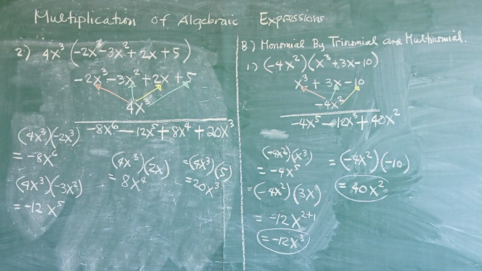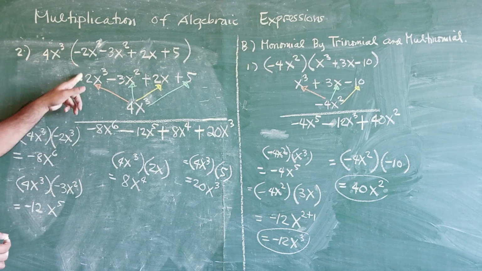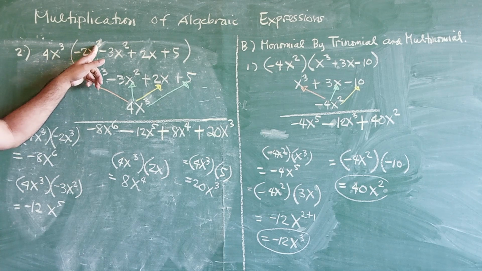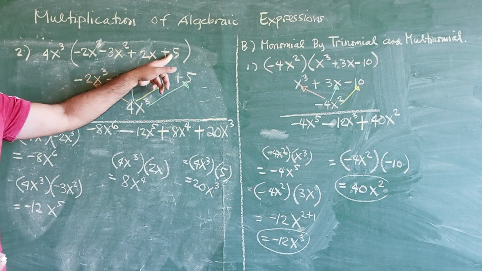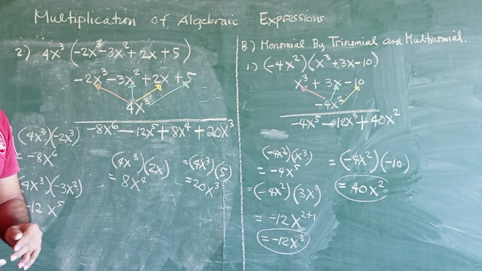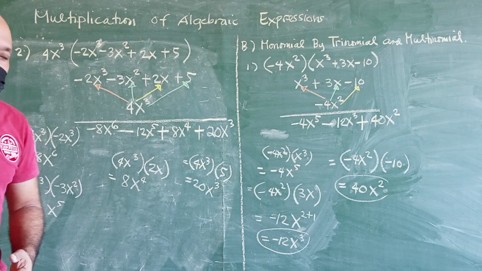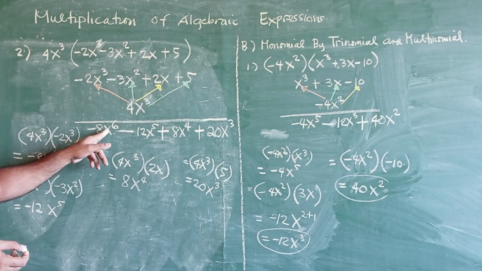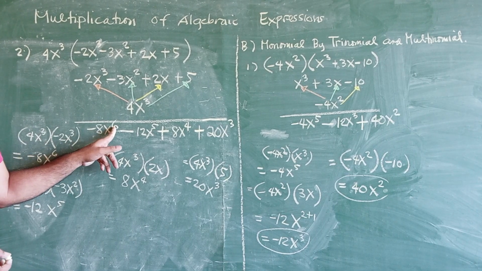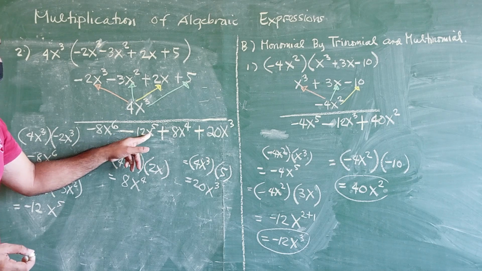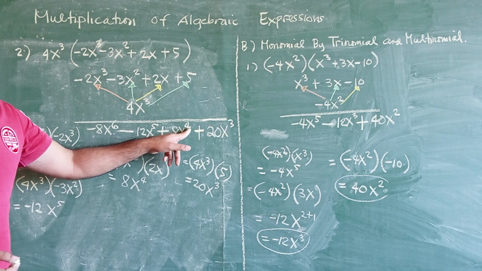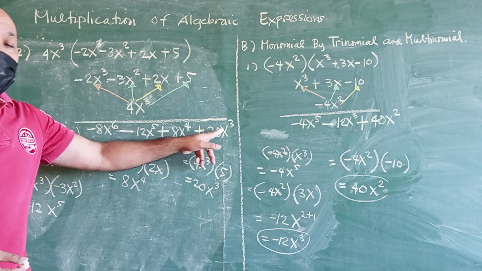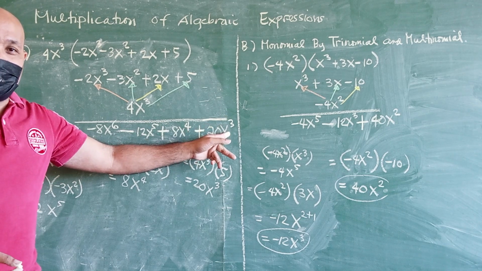Always remember that. So therefore, 4x cubed times the quantity of negative 2x raised to the power of 3 minus 3x squared plus 2x plus 5, the final answer or the final product is negative 8x raised to the power of 6 minus 12x raised to the power of 5 plus 8x raised to the power of 4 plus 20x cubed.